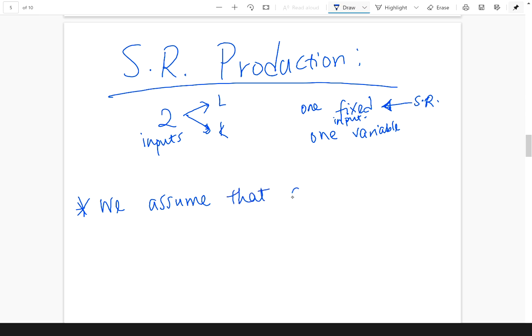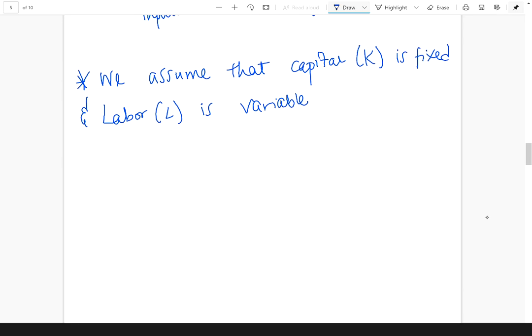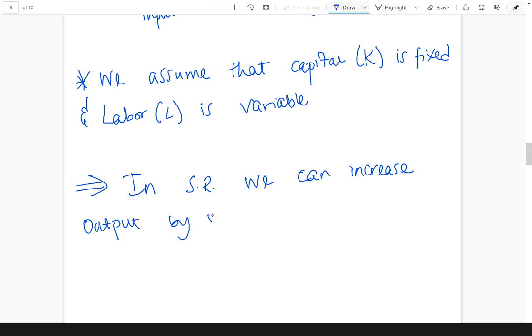So we assume that capital K is fixed, and that means that labor L is variable, implying that in the short run, the only way to increase output is to increase labor, because we cannot affect capital.